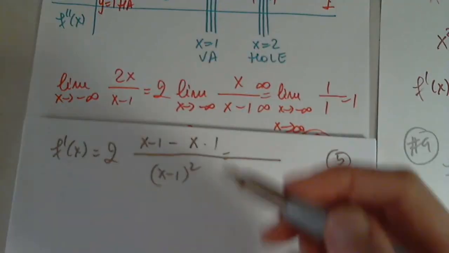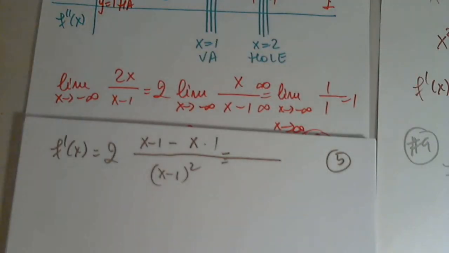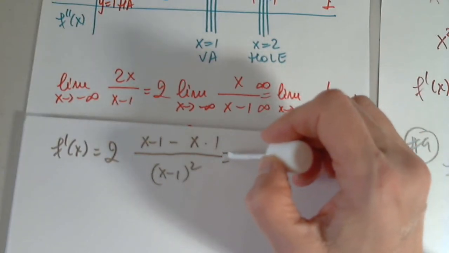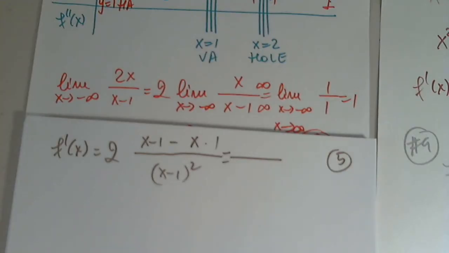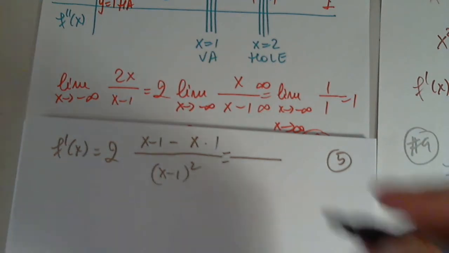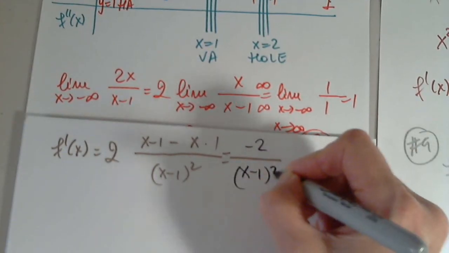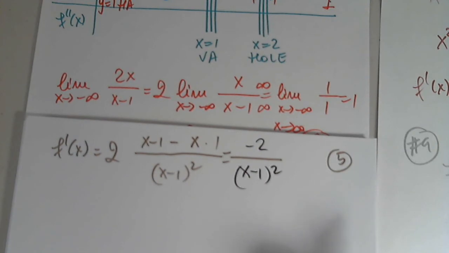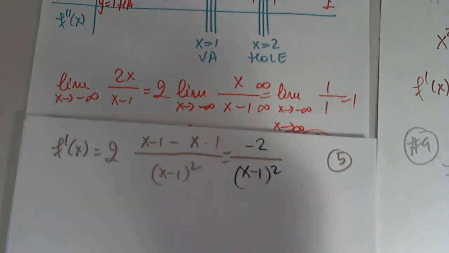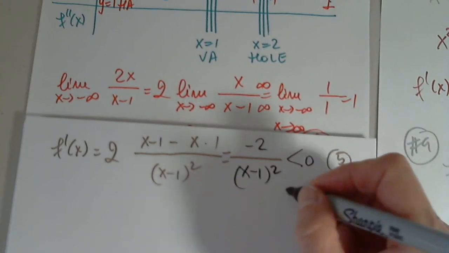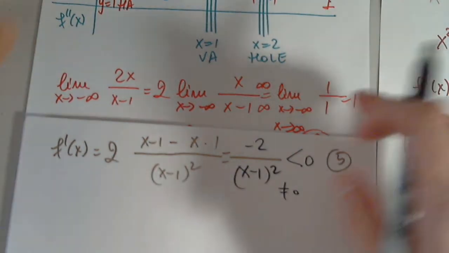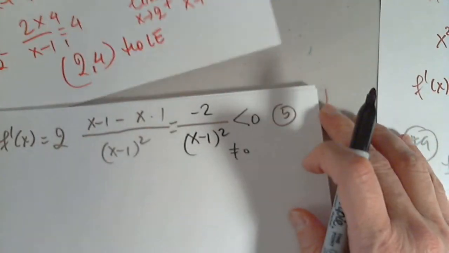And this will equal x minus x, which is 0, and then minus 1 times 2, negative 2 over x minus 1 squared. Okay then, nice. It's never 0, always negative, which means that the function must be decreasing at all times.